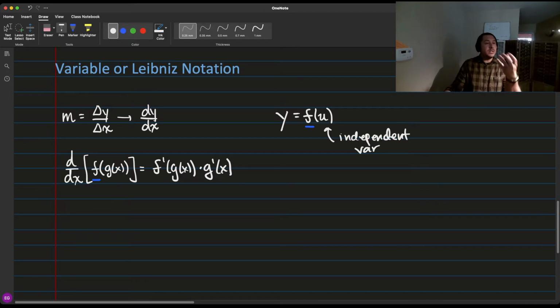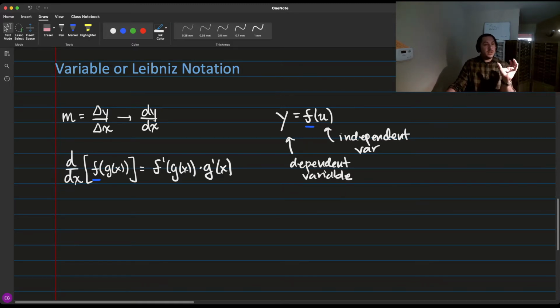So you input a u variable, and then the output or dependent variable is y. So this function f inputs a u variable, outputs a y variable.